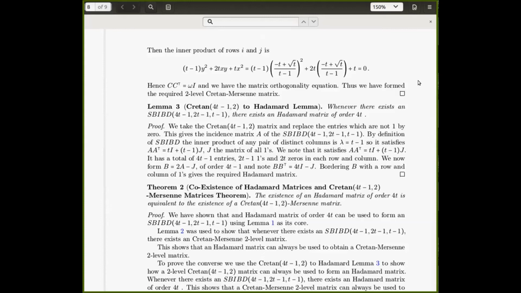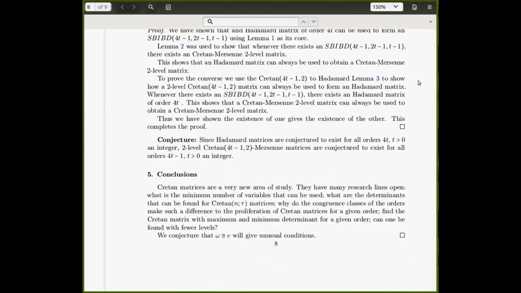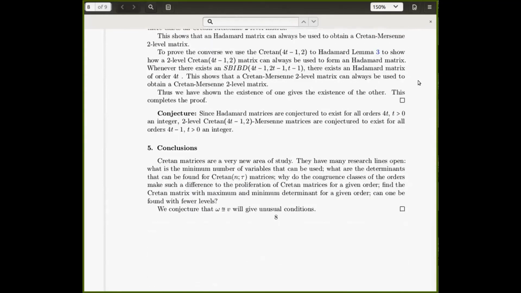Down, please. Now, that means we have a conjecture. Since all Hadamard matrices are conjectured to exist for orders 4t, an integer 2-level Cretan matrices are conjectured to exist for all orders 4t minus 1, t greater than 0 an integer.